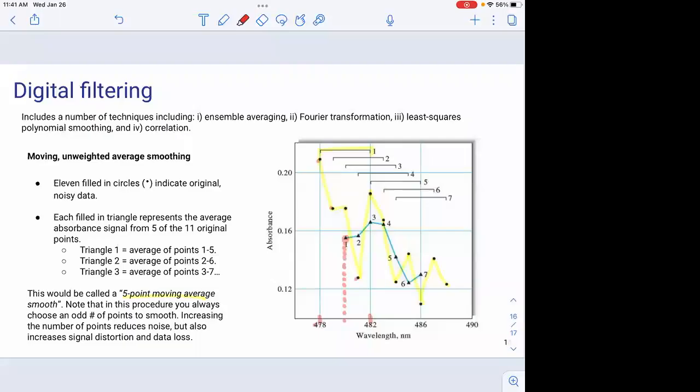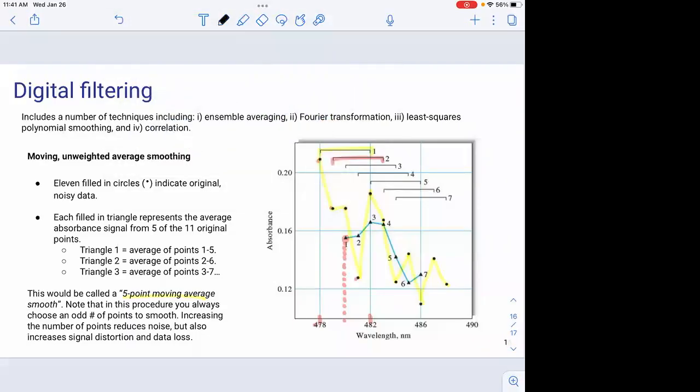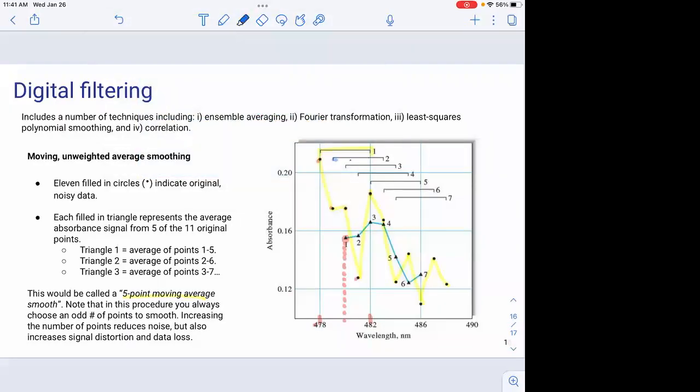The same thing happens for the next set. So instead of including the first point, now I'm going to do this in a different color, not red. Let's do this in blue. Okay, so for the second one, you're going to include 1, 2, 3, 4, 5.